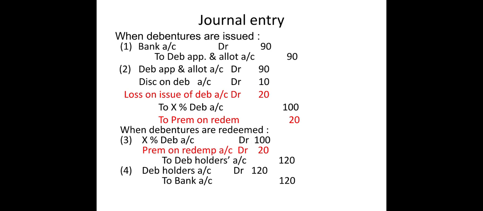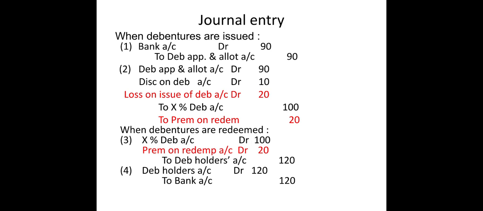Clear? In this case, I have taken 20, but it is not compulsory that premium on redemption is always 20. It may be more or less. So in exam, according to the question, you have to decide the amount. Journal entry will be same. No change in journal entry. Only the amount you have to check at the time of exam.